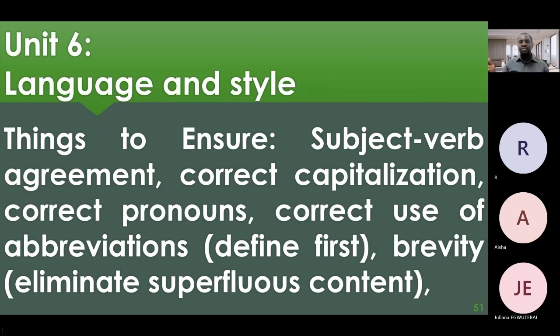For abbreviations, make sure you define the abbreviation first. If I'm abbreviating ICAN, the first time I talk about ICAN, I should state it as Institute of Chartered Accountants of Nigeria. Then next, I can say ICAN. So you've defined the abbreviation first. But use formal abbreviations, not informal ones. Don't abbreviate 'and' as 'n', or because of time start using the letter 'd' for 'the'.